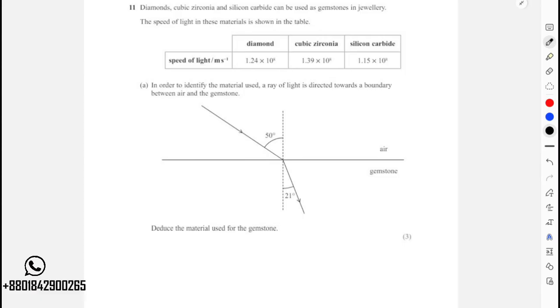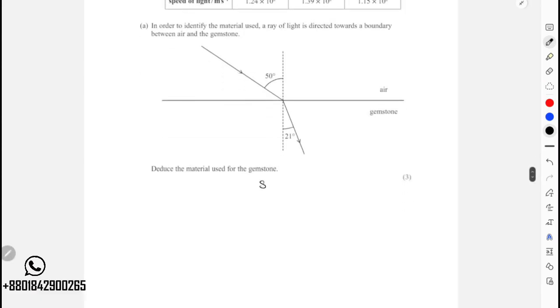So what we'll do is find out the refractive index this time, right? Refractive index of the gemstone, which is going to be sine 50 over sine 21.